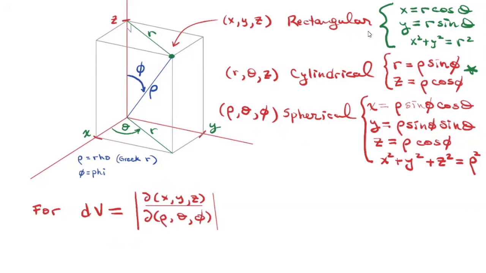And the order doesn't matter here for these variables. The only thing that really matters is that in the end, you'll be taking the absolute value of this. And so that's the absolute value here, and then I'll put in a d rho, d phi, d theta.